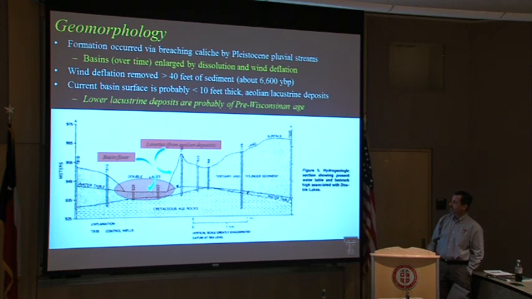Typically, the current basin surfaces are about 10 to 15, maybe 20 feet thick. As you get deeper, they have much older sediment, much older surfaces, some considered to be pre-Wisconsin and other times. But they typically have been enlarged over time by, in essence, a sinking, so to speak.